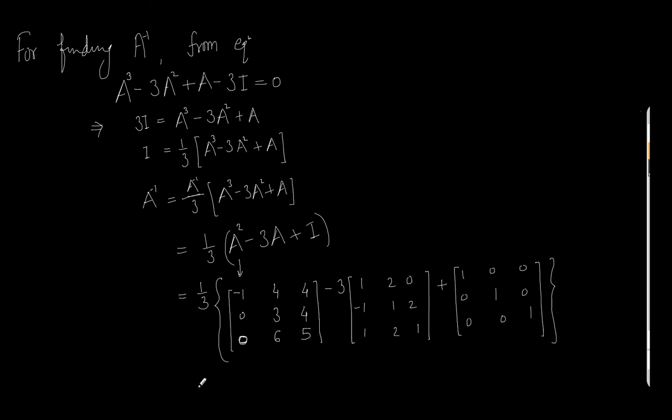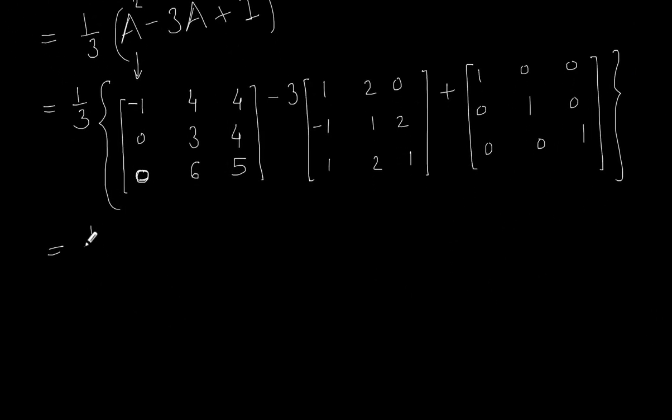Now simplify it. Write down the first component of the resulting matrix. It comes out to be minus 3, minus 2, 4.